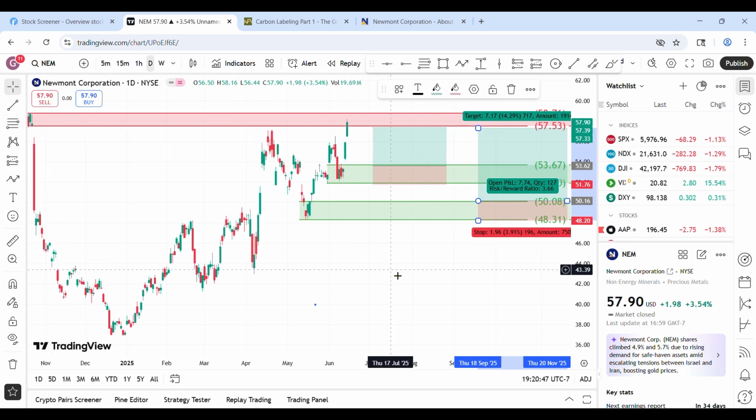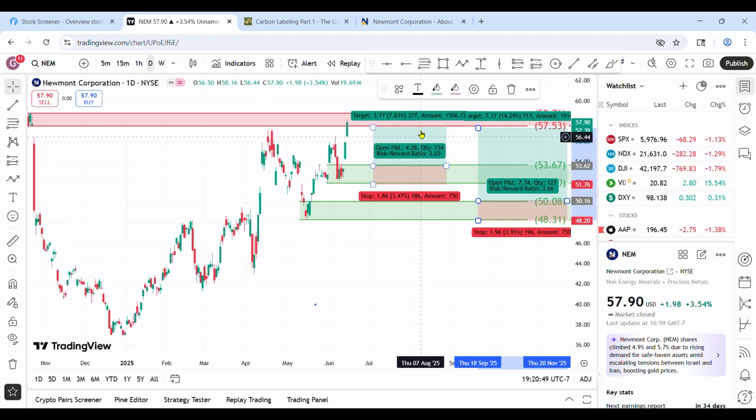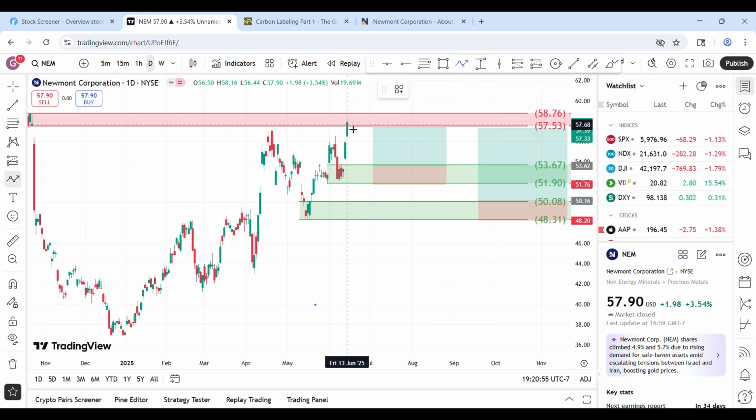Okay, so if you wanted to go for the aggressive entry, the one that's closer in the 53.67, ideally you'd want the trade to play out something like this. You'd want to pull back to that support level, bounce off that level, and then just come back up and retest the resistance level we're currently in.